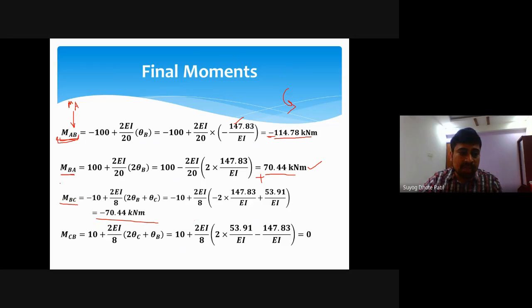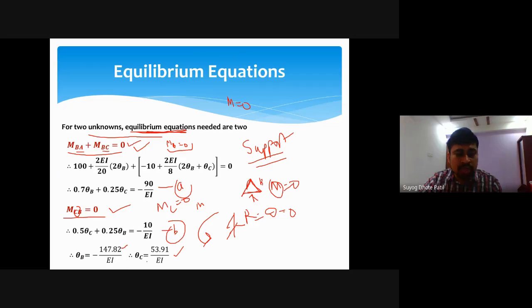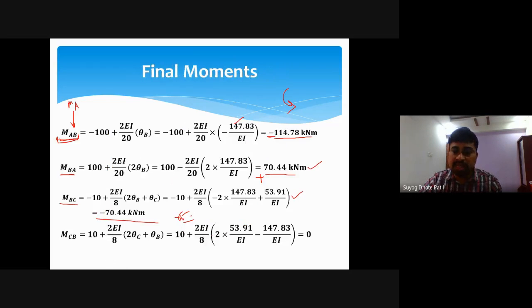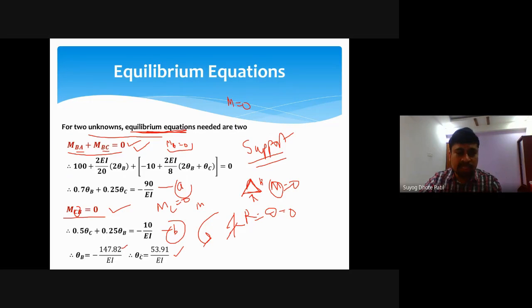If MBA was 70.44 and MBC came out as 65 point something, then there is definitely some problem in the formulation or the calculation method, or theta b and theta c may have been wrongly calculated. So be careful regarding the calculation of theta b and theta c, because all the calculations depend on theta b and theta c.